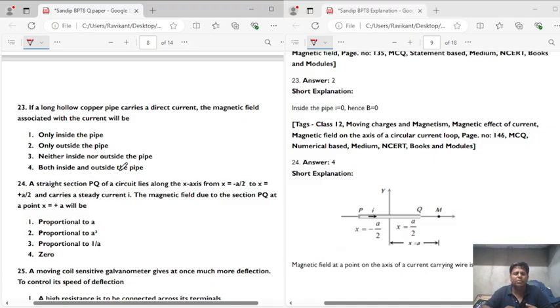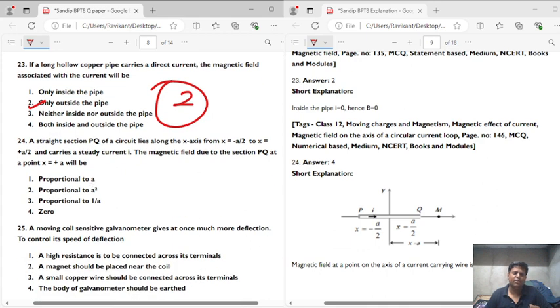We have already seen using Ampere circuital law that inside the pipe the net current enclosed is 0, because all the current is flowing in the circumference. So there will be no magnetic field inside. So the correct answer for question number 23 is option 2, only outside.